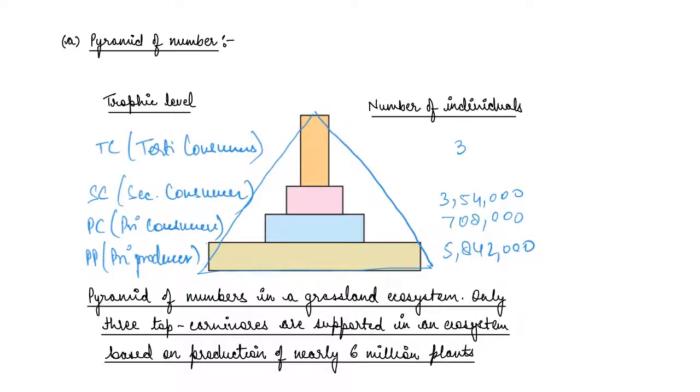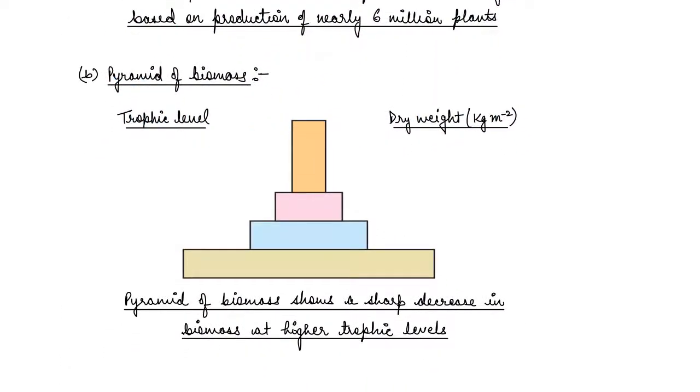Now let's see the pyramid of biomass. Now guys, again, this is the pyramid of biomass. Again, you see the shape of a pyramid, right? So again, the base level, the first level is primary producer.